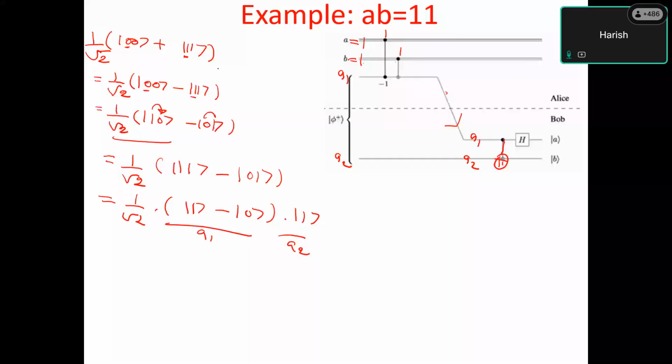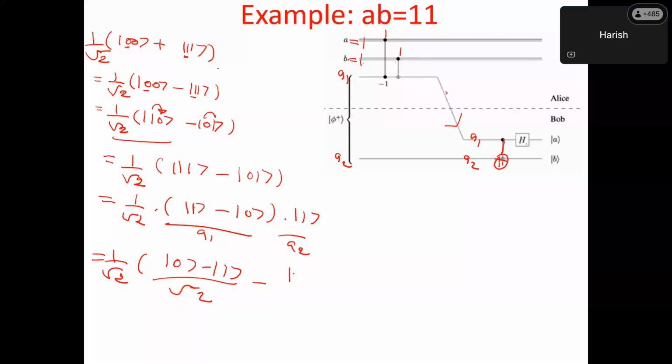Now again you are applying Hadamard on the first qubit. So on the first qubit you apply Hadamard. It will be minus 0 plus 1 by root 2, and then again this entire thing is here and 1 is outside.